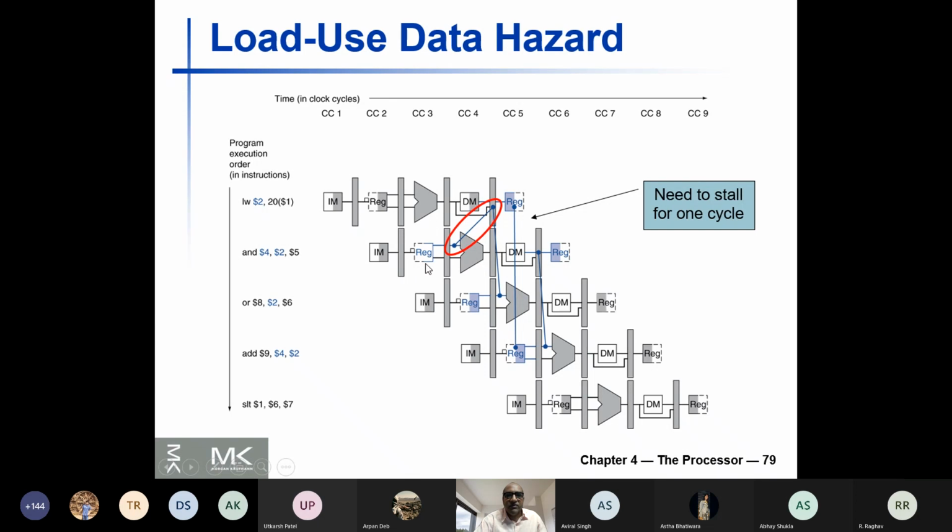Therefore, to detect this hazard, you need to compare two things: the instruction in the instruction decoding stage is compared with its previous instruction, which is in the execution stage.